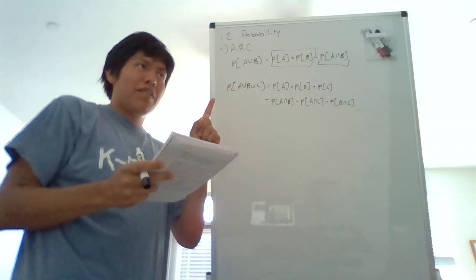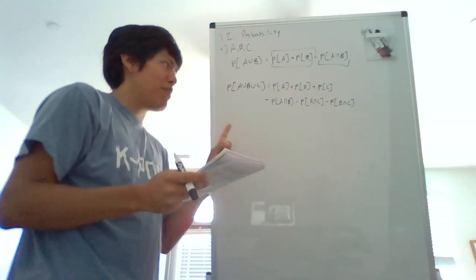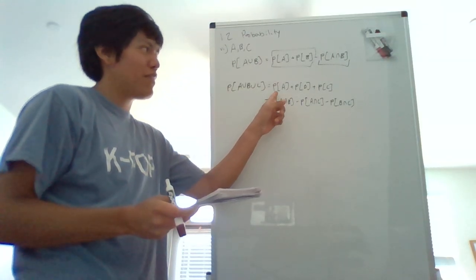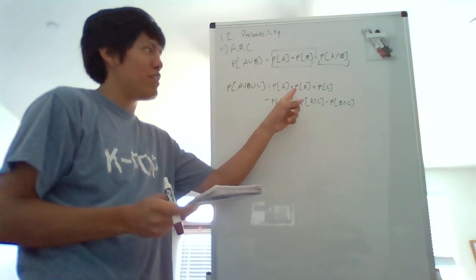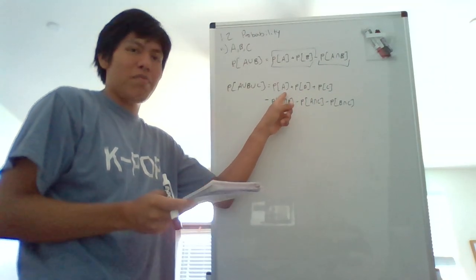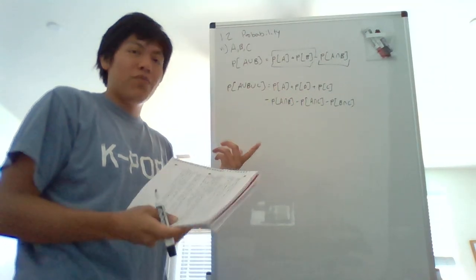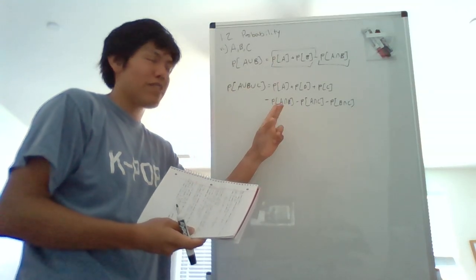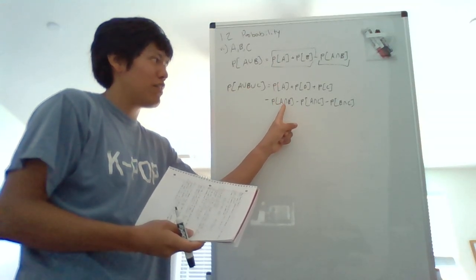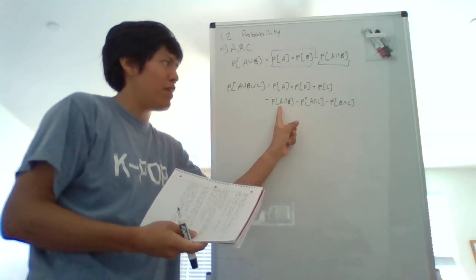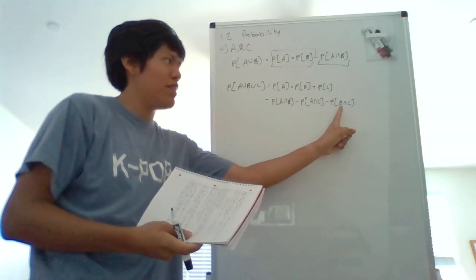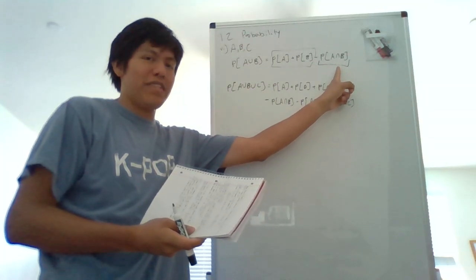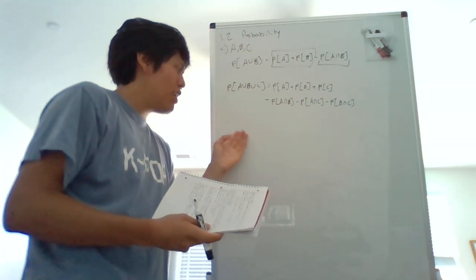But there's one crucial thing that we're missing. This is almost done. Again, what we've done so far is add each individual event's probability, which means we've double counted in the intersections of 2 events. So we're subtracting A intersect B, A intersect C, and B intersect C, which is similar to what we did here.